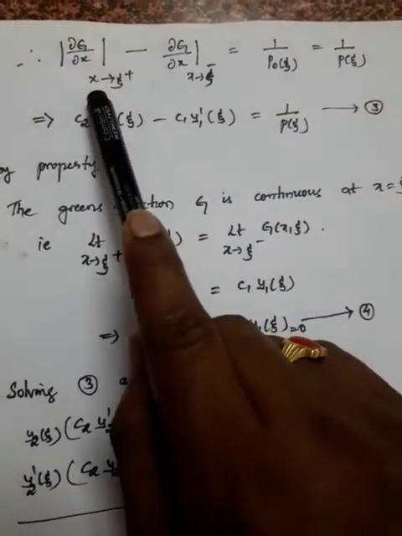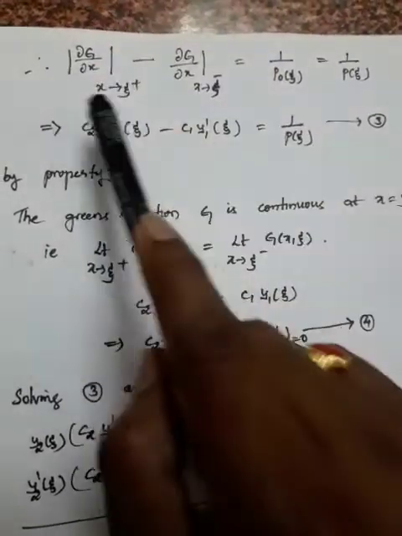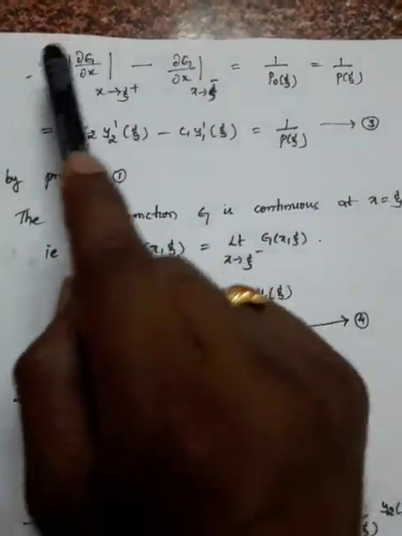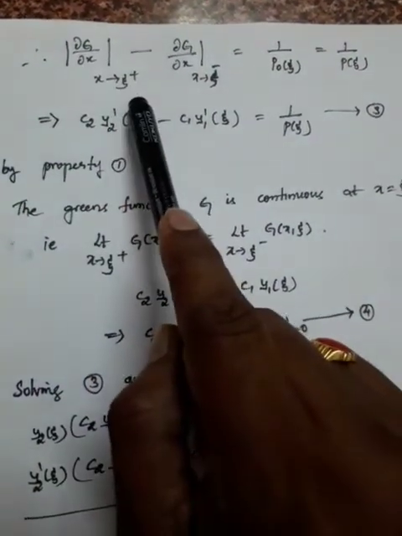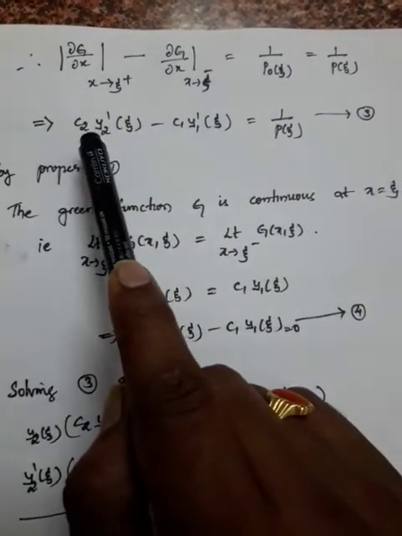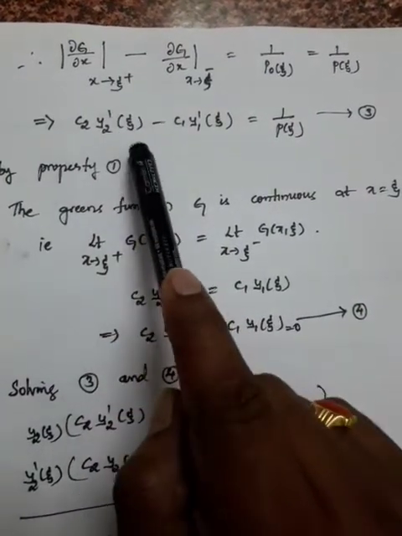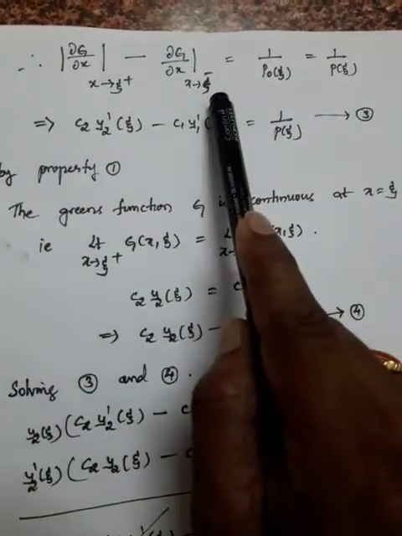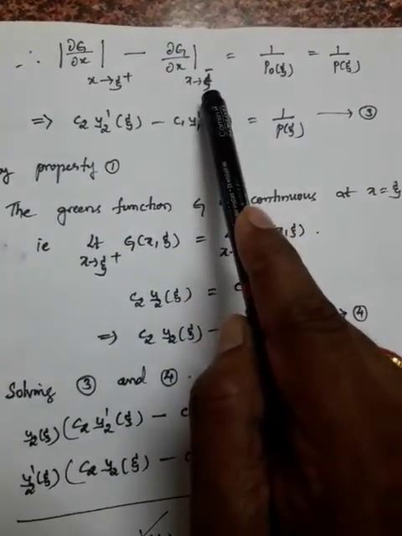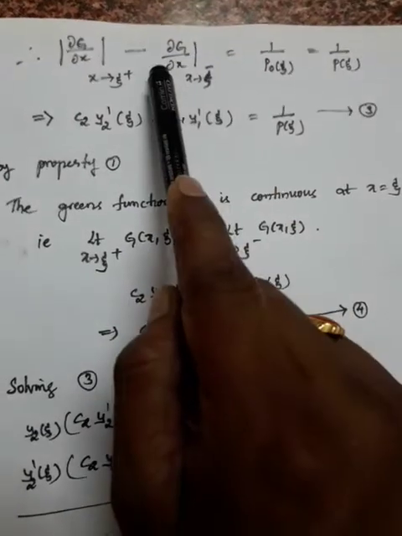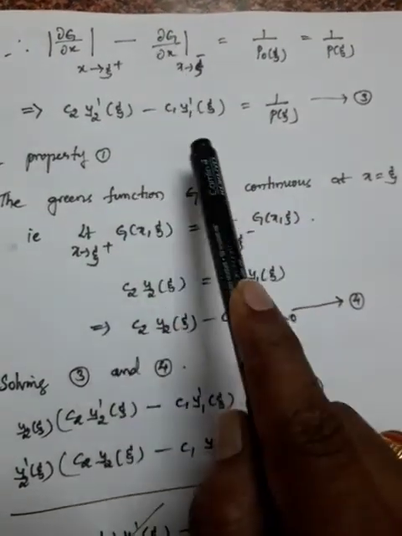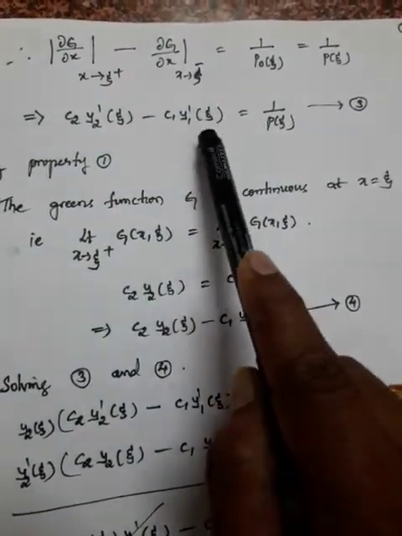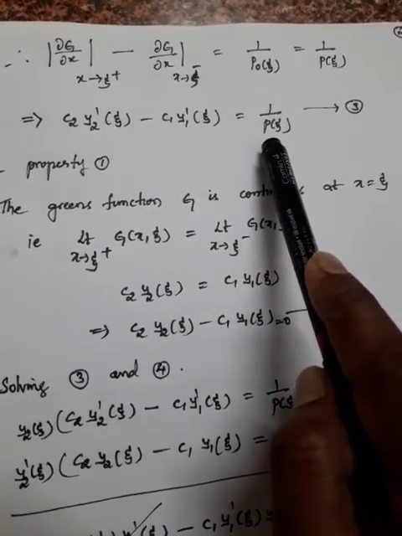So whenever you do the differentiation with respect to ξ plus, you will get c2 y2 dash of ξ, and whenever you do it for ξ minus, as x tends to ξ minus, after differentiating the given differential equation, you will get c1 y1 dash of ξ, equal to 1 by p of ξ.